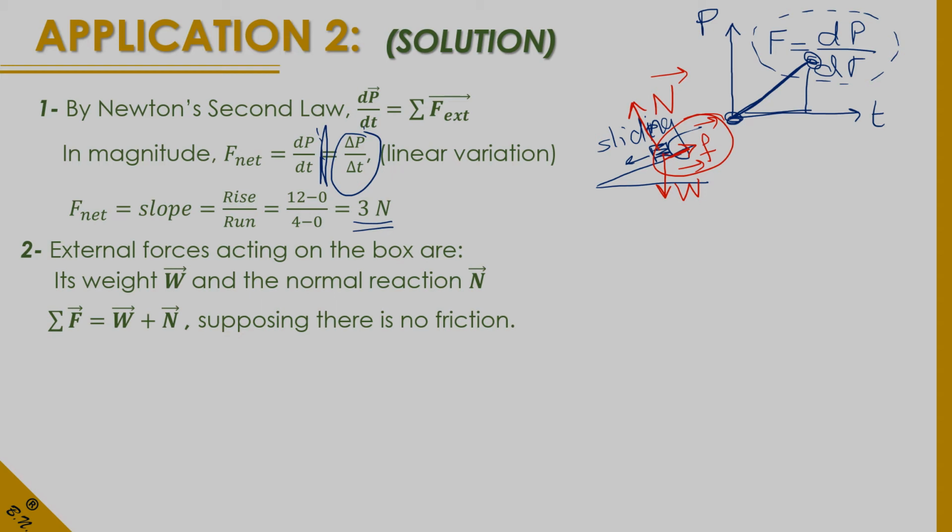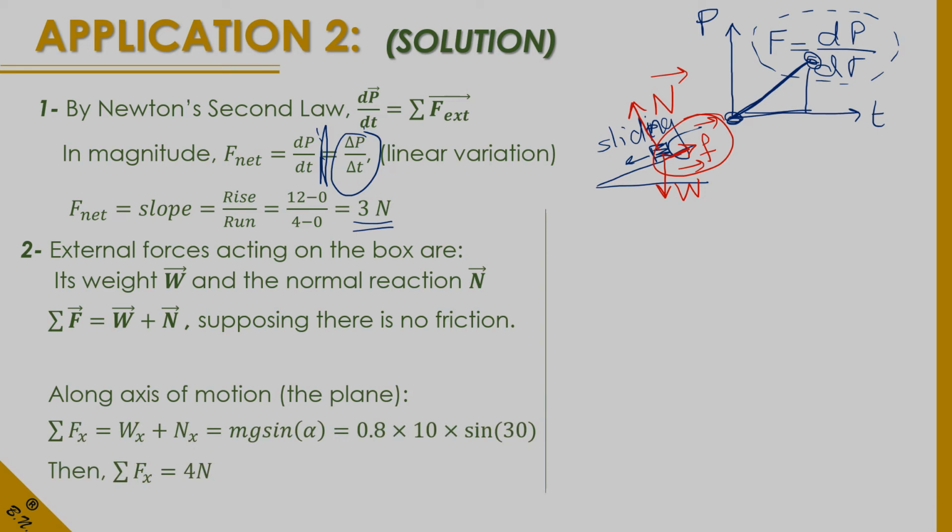However, since the question asks us to determine friction, we suggest that friction exists. So, external forces acting are weight and normal reaction. Summation of F equals weight plus normal. In this approach, we ignore and forget about friction now, supposing that there is no friction.